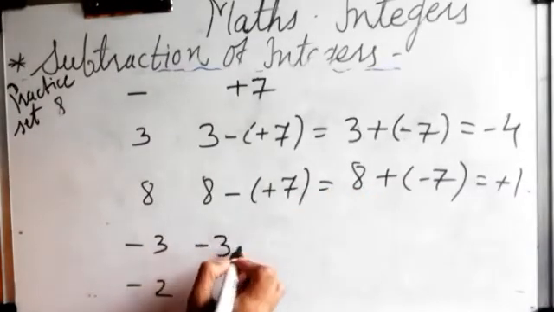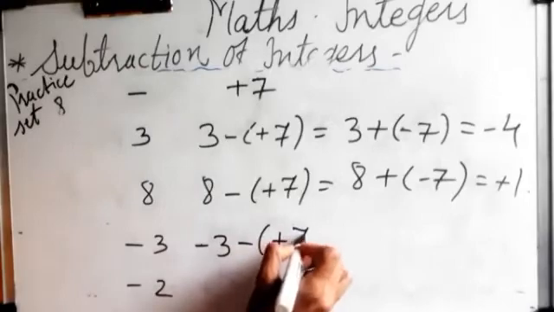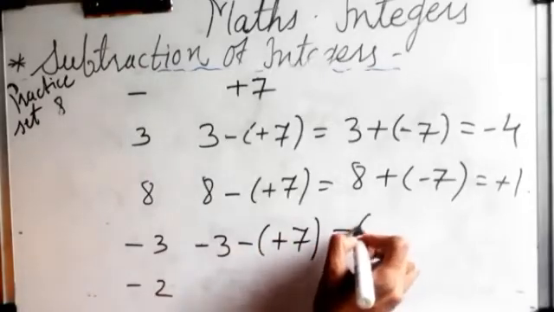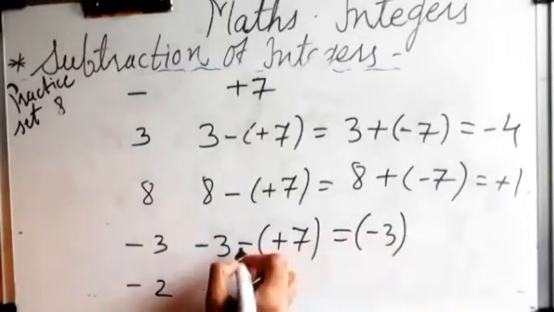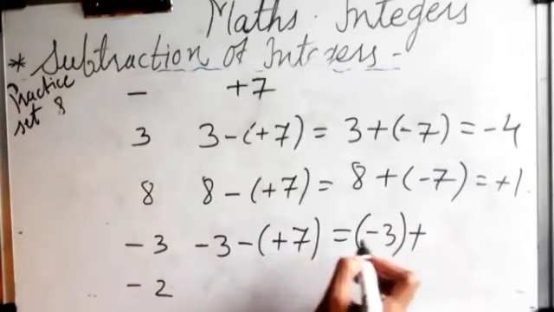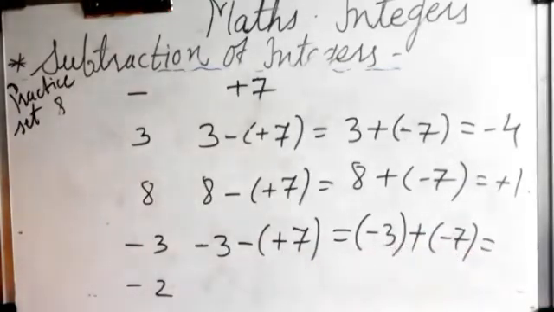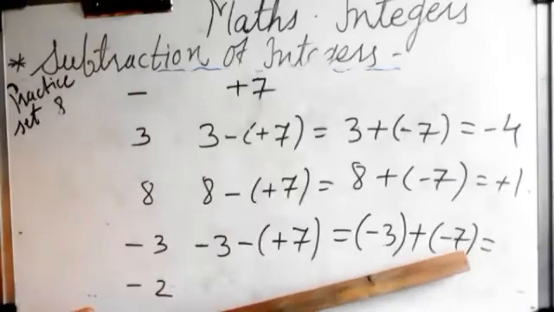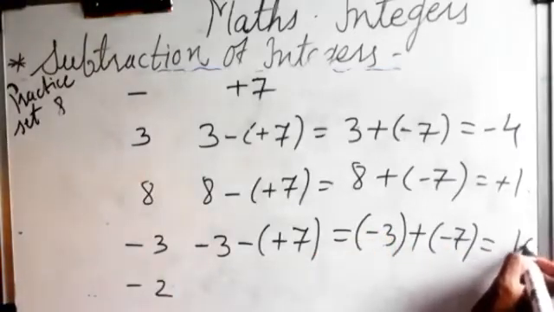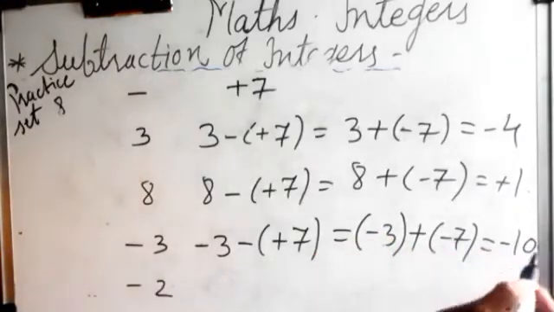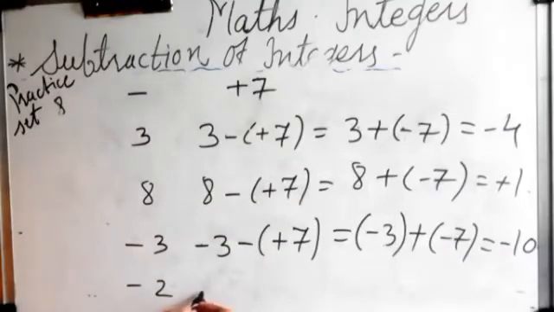Next, minus 3 minus plus 7. So minus 3 as it is, instead of subtraction plus, plus 7 opposite, minus 7. Now here both has same sign. So take the addition. Same sign, addition. 7 plus 3, 10. Give the common sign, that is here minus. Next, minus 2 minus plus 7.